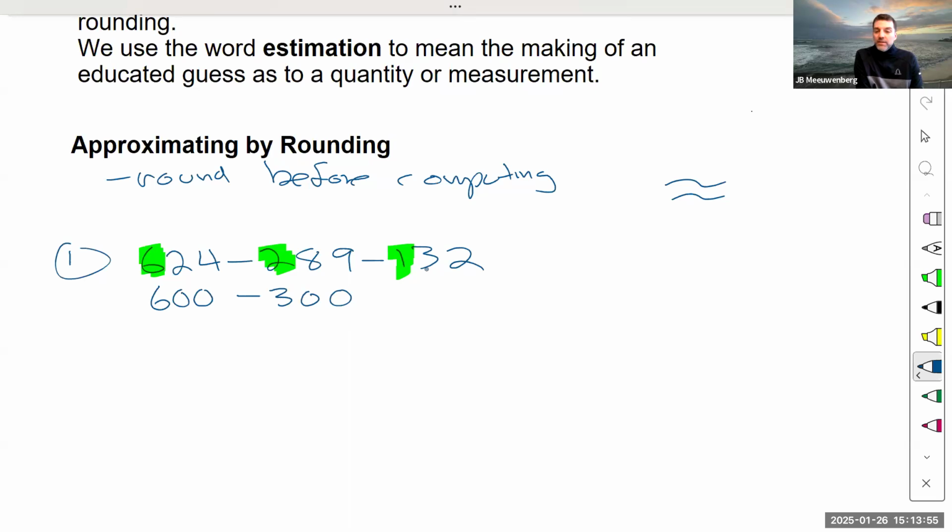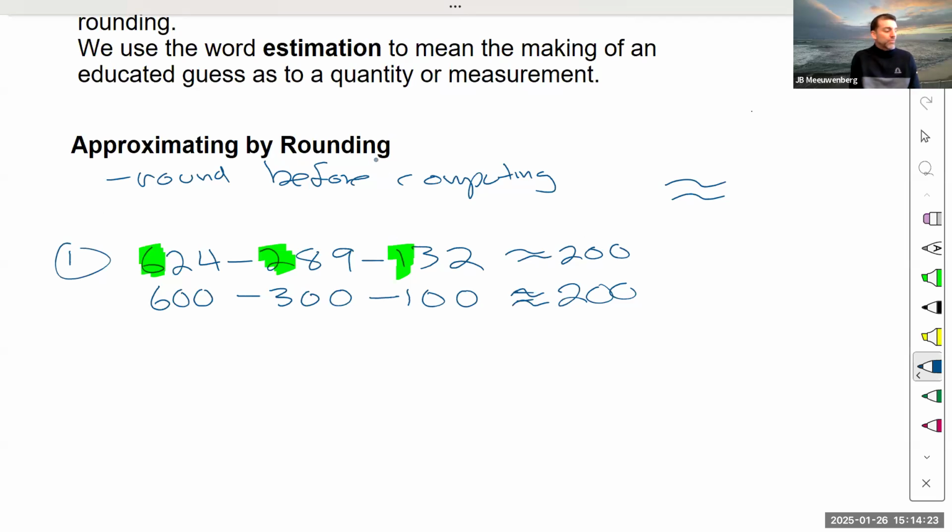And because this digit is 3, it's less than 5, we'll round down to 100. Notice we have fairly easy numbers to work with. 600 minus 300 is 300, minus 100 is equal to 200. And we're going to use that approximately equal to sign there. So we can say that this is approximately 200. It's an approximation.